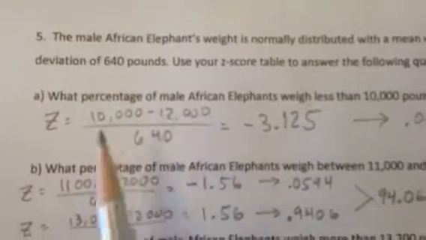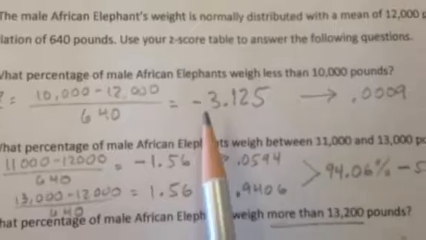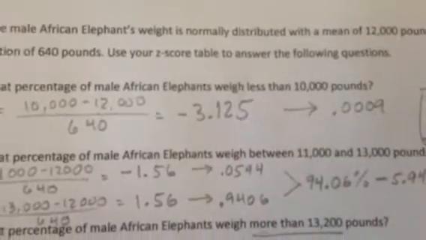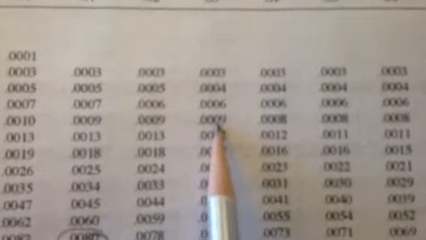So figure out the z-score, and you get a very, very low z-score of negative 3.125. If you look that up on the chart, it barely even registers. Negative, so we're on the negative side, 3.1. I'll round it to 3.03, which is this number right there. Does that come into focus for you? It's 0.0009 is the number there.